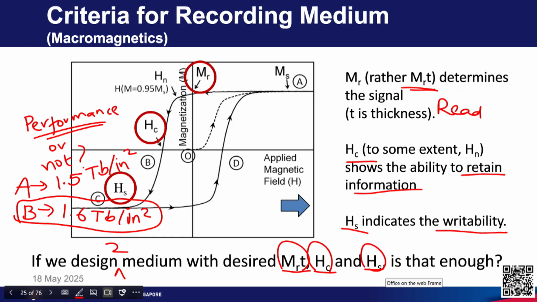I told you that these three are the parameters related to reading, writing and storing, but still I notice that recording medium A is inferior to recording medium B. Why could it be so? I haven't taught you, so you can tell any answer.